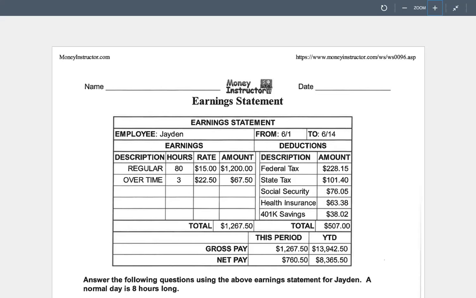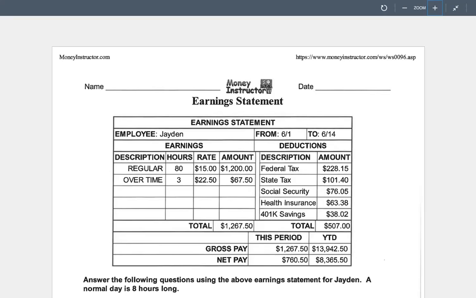So all of these things, federal tax, state tax, Social Security, health insurance, 401k savings, all of those deductions totaled up to, if you keep going to the next line, total, T-O-T-A-L, $507.00. $507 was deducted from Jayden's gross pay, which was $1,267.50 for this pay period.